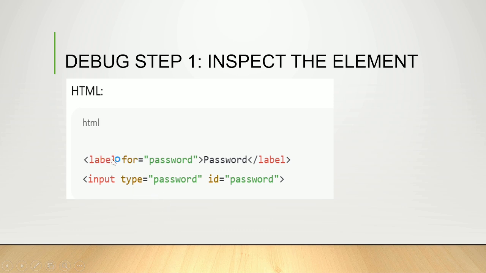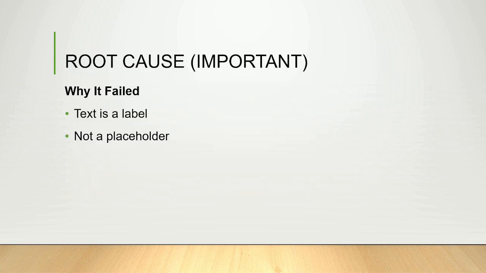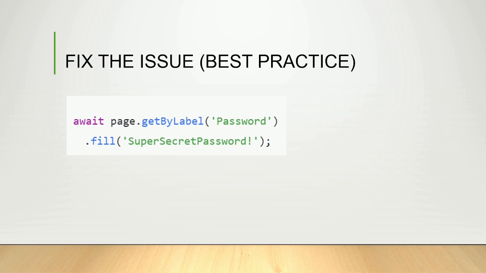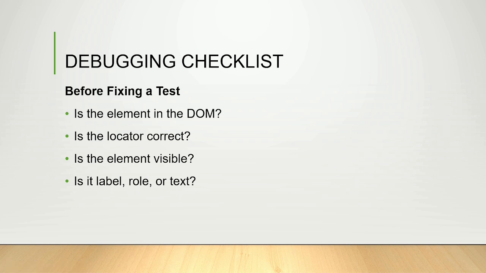So we already saw the root cause: it is a label, not a placeholder, that's why our test case failed. We corrected the code with the getByLabel locator. After that our test case passed successfully.